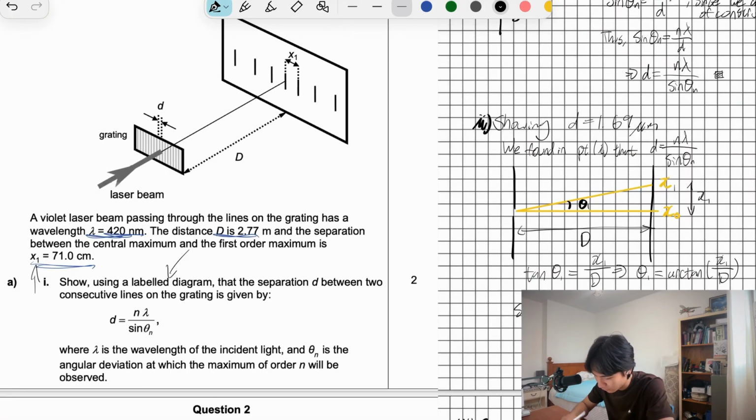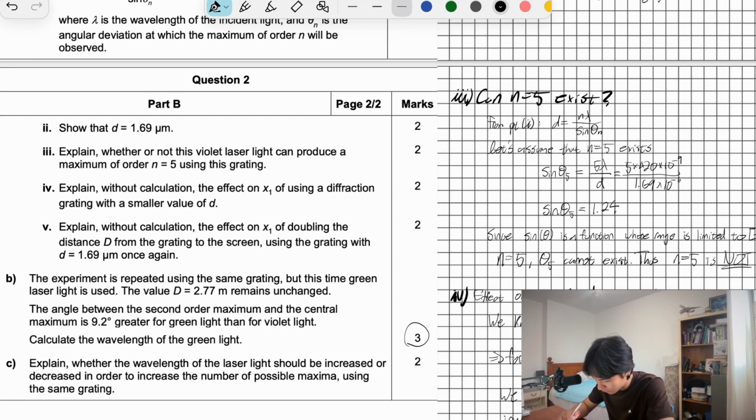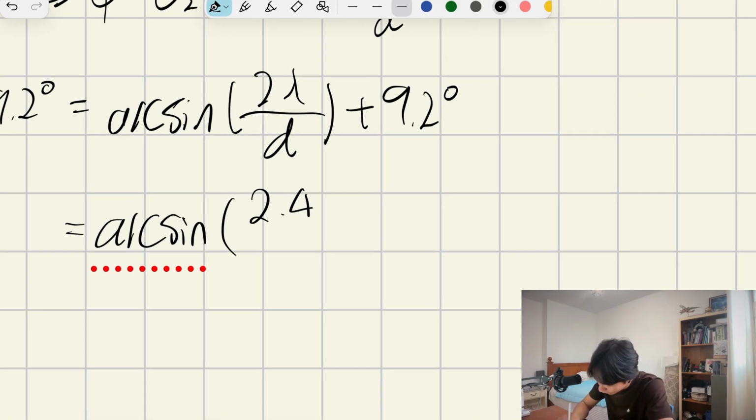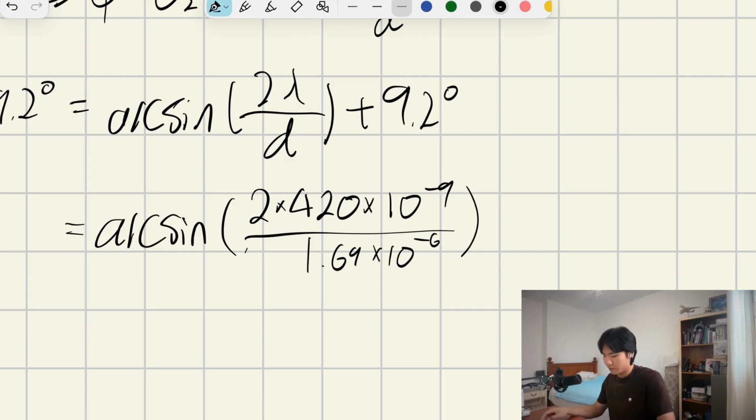I remember it was 420 nanometers, was it? Yeah, 420 nanometers with this slit separation of 1.69 micrometers. Okay, 2 times 420 times 10 to the power of minus 9 over 1.69 times 10 to the power of minus 6. If we punch this into the calculator, let's see what we get.